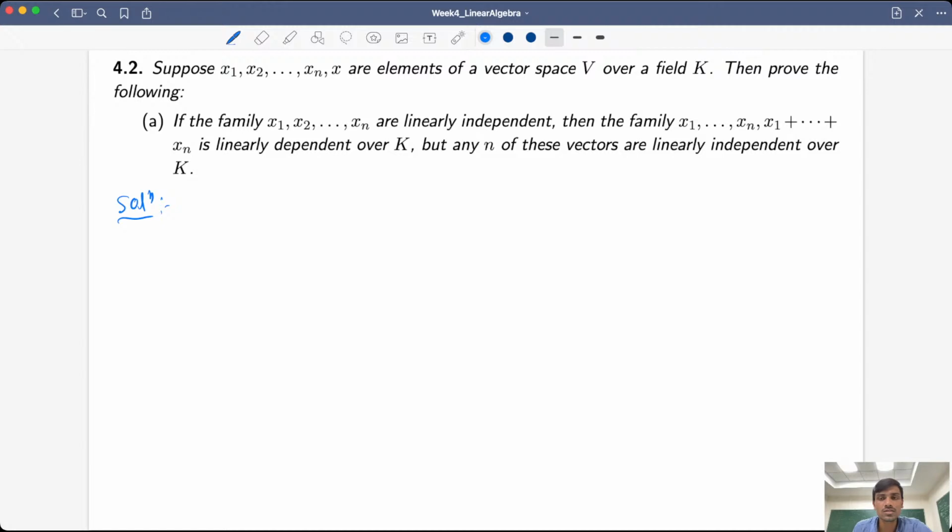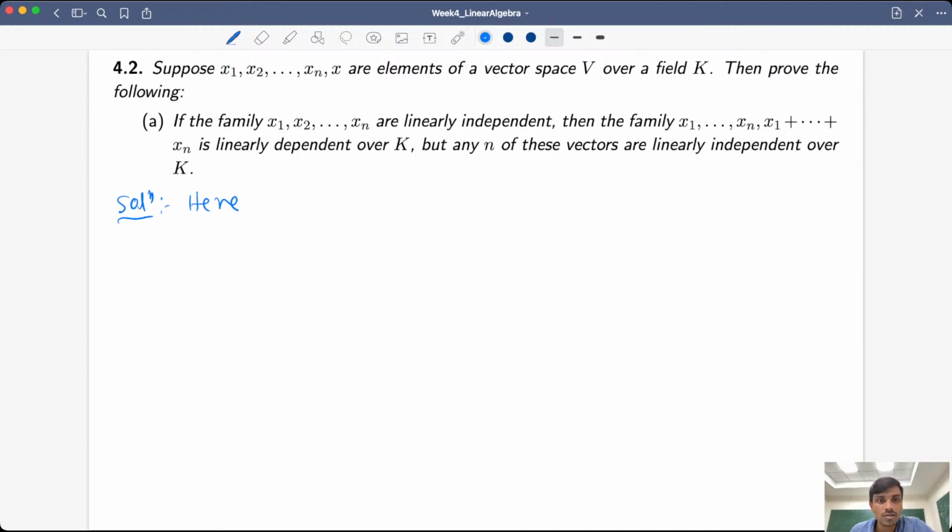In this case you can see easily that if I take the coefficients c1, c2, ..., cn all equal to 1, and the coefficient of x1 plus x2 plus ... plus xn is -1, then this clearly adds up to 0. So here we don't need any linear independence or anything.